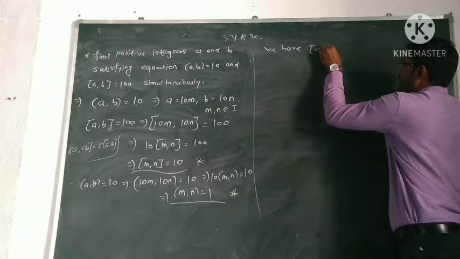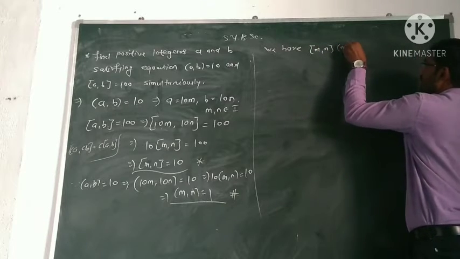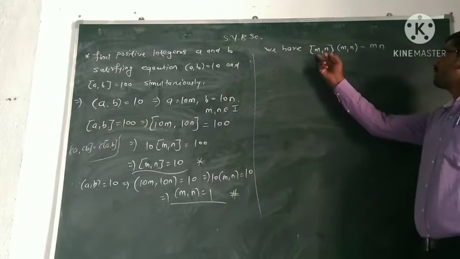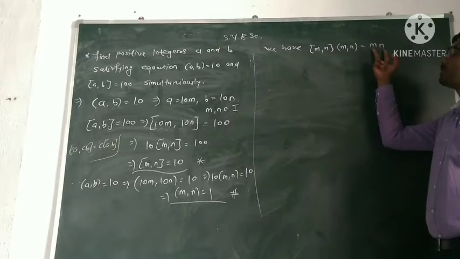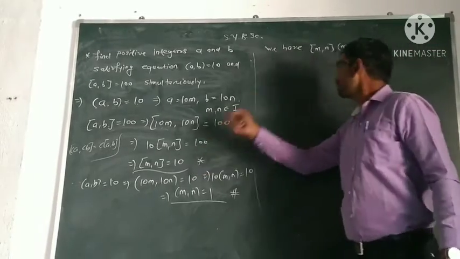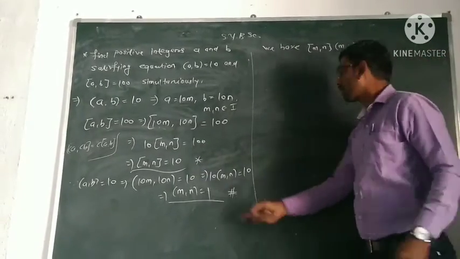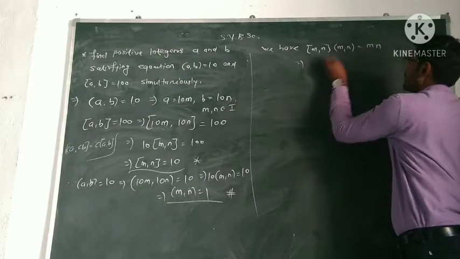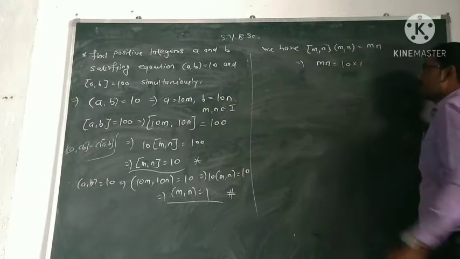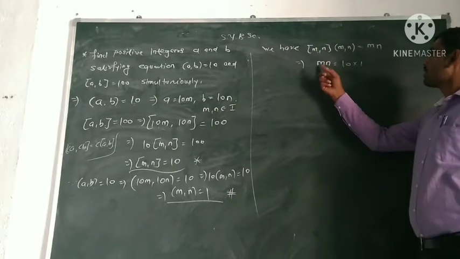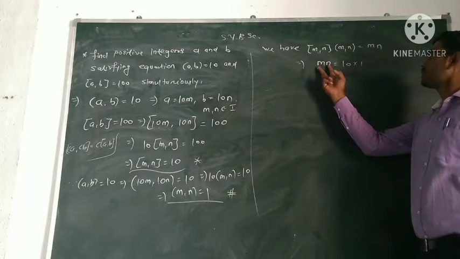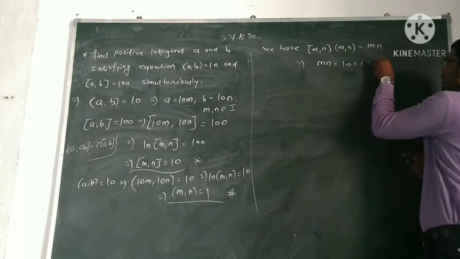So LCM of M and N into GCD of M and N is equal to M into N. This value is 10, this value is 1. This implies M into N is equal to 10 into 1, that is 10.